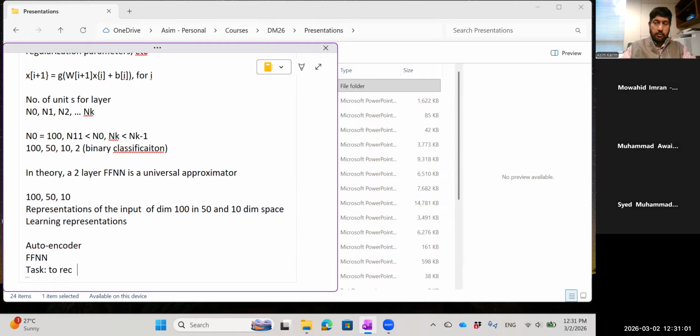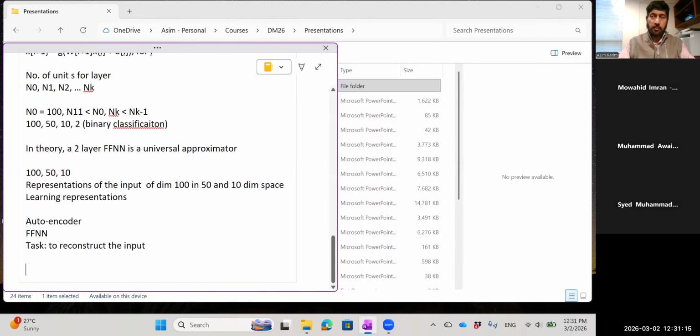So in other words, to reconstruct the input. So the task is to reconstruct the input. ठीक है? So let me explain. So let's say हमने कहा था हमारा input 100 dimensions था.